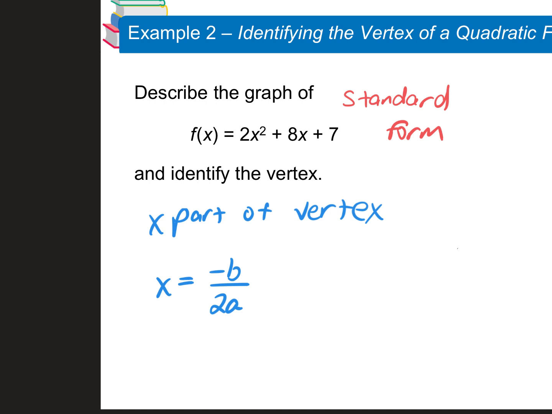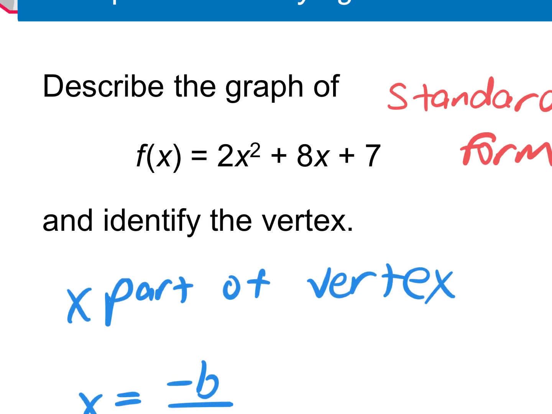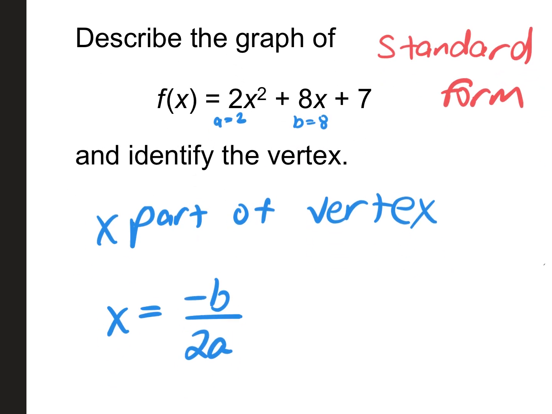I'm sure you guys have seen this before. Now you're like, okay, that's cool. What's a and b and all that? Do you already know what a is? What's a? A is 2. What's b? 8. So how do you find the vertex here? Well, let's find the x part first. I'm going to say negative 8 over 2 times 2. Now, guys, here's where you've got to be really careful.